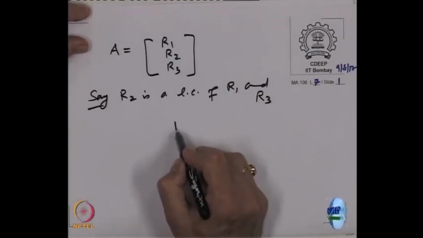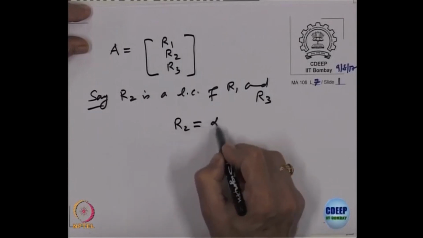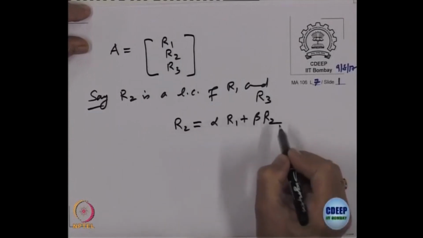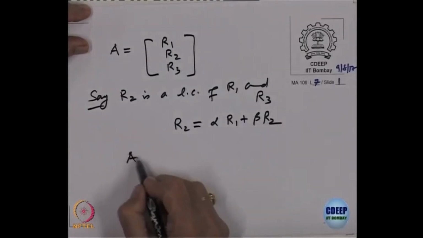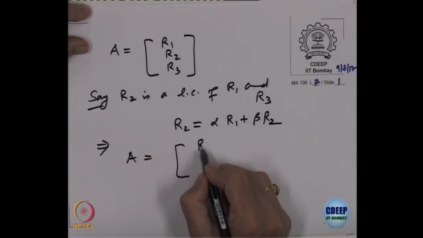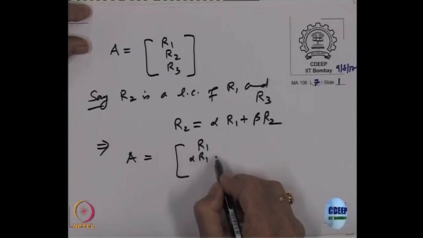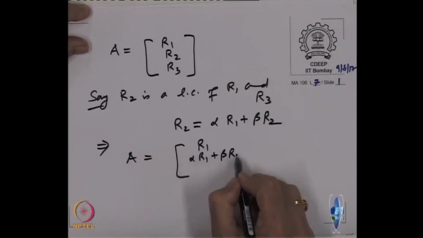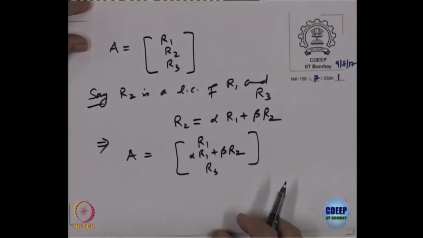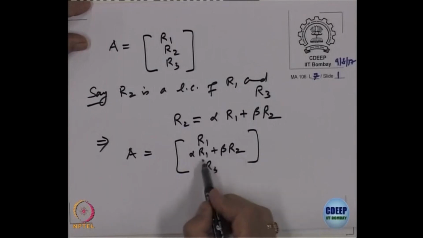So, what is R2 equal to? Alpha R1 plus beta R3. So, what is A equal to? A is R1, alpha R1 plus beta R3, R3, right. So, here is a linear combination coming.